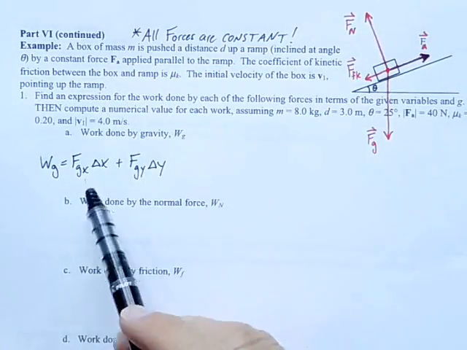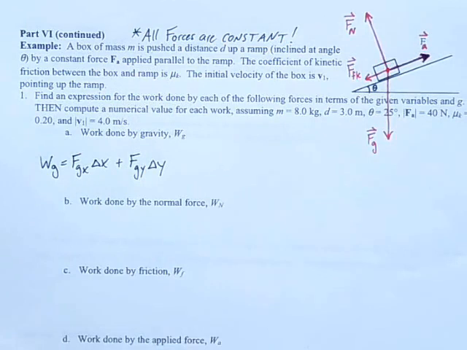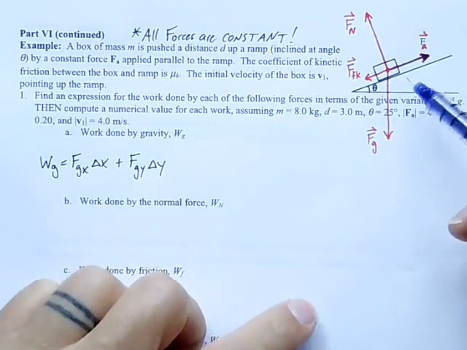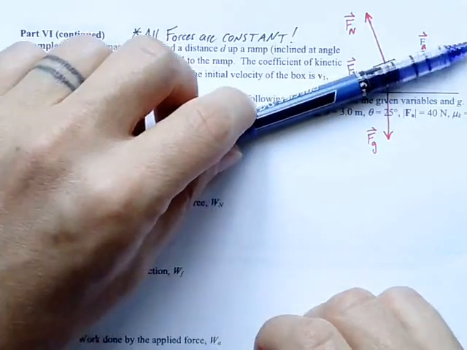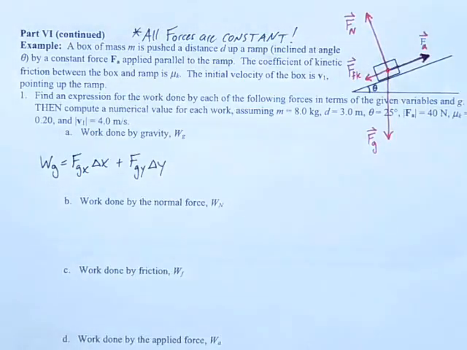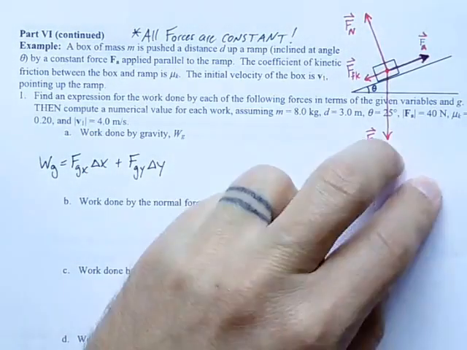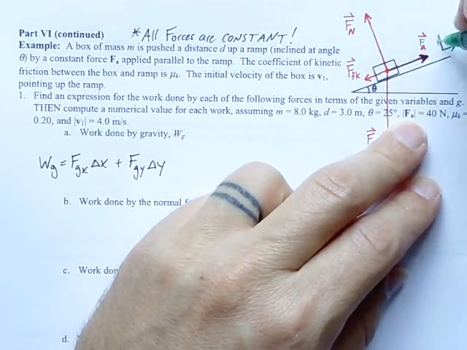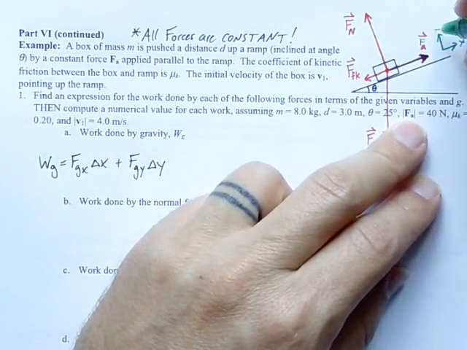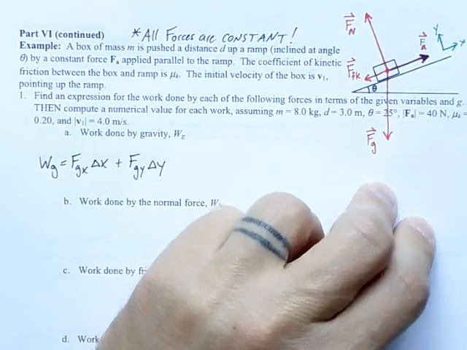Okay, so clearly I have to pick some axes here. I've got my free body diagram. Now if we align our axes with the acceleration, the block is going to accelerate up or down the ramp. So let's tilt our axes. Let's have the x direction point up the ramp in the direction of the applied force, and the y direction perpendicular to the ramp.